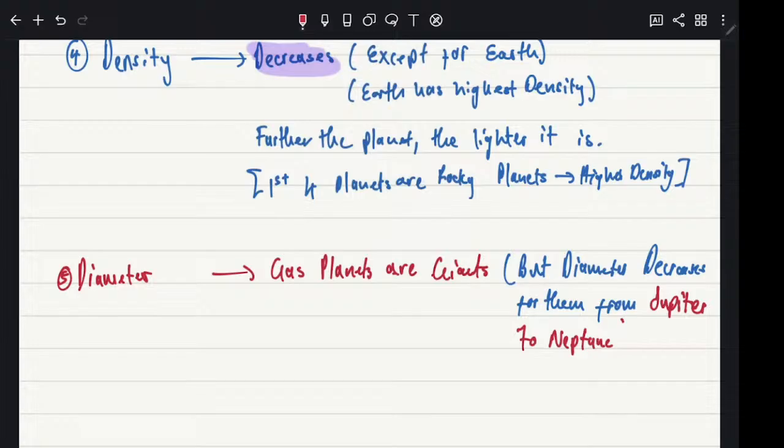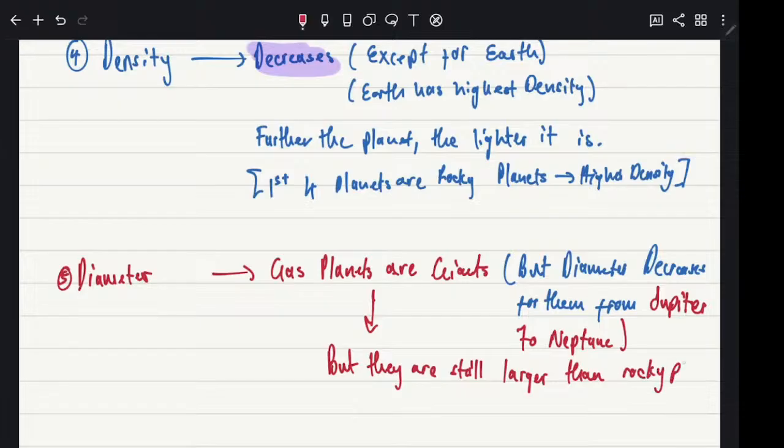But they are still larger than rocky planets. Write that. The rocky planets are smaller. Are we together? Okay?